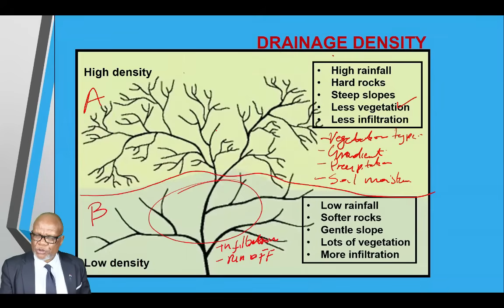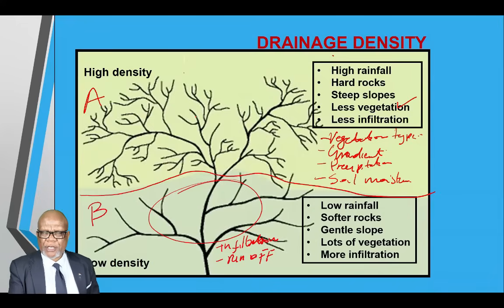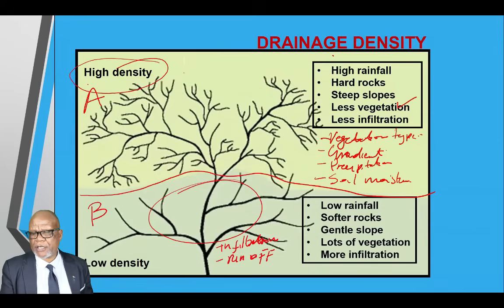And now, between the two, at A, why do we have high density? We have high density because the soil has more moisture. The soil is saturated. Because of saturation, during precipitation, there is less infiltration taking place, but there is more runoff taking place.